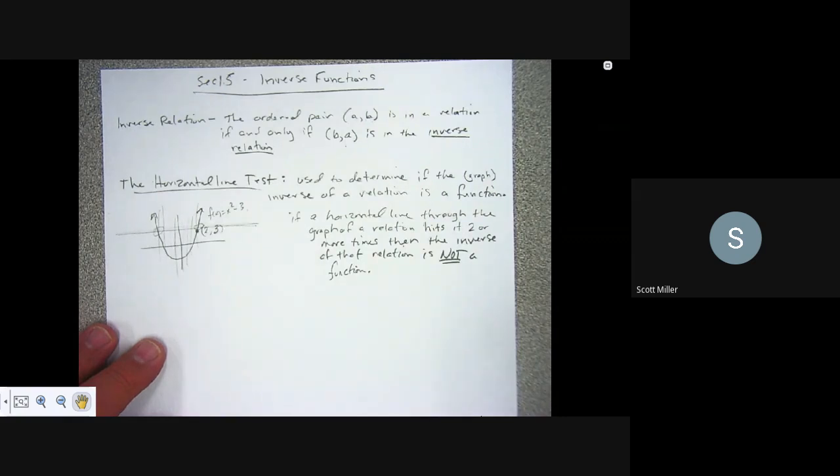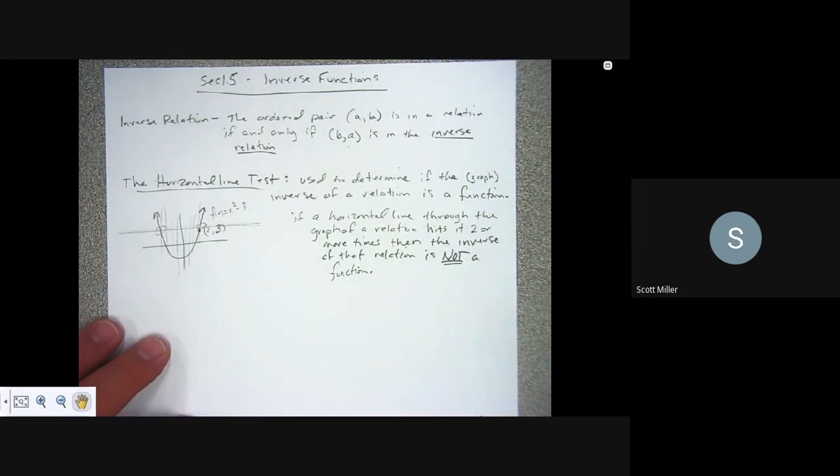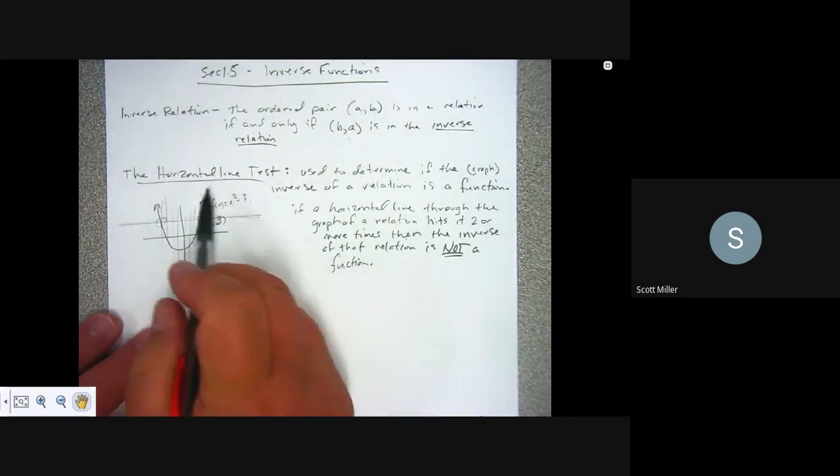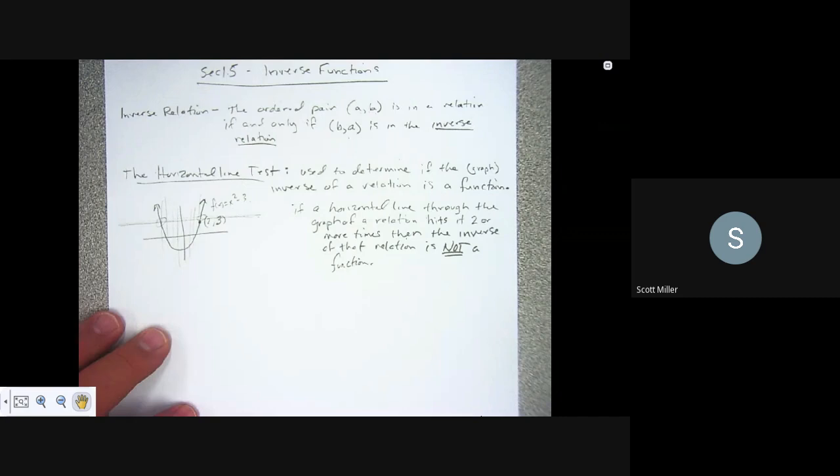If it hits it once, then it would be. If you can only hit it one time, then it is. More than once, then it's not. So this one clearly is not. The inverse of x squared is not going to be a function.